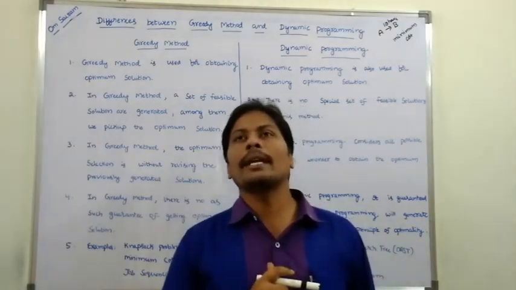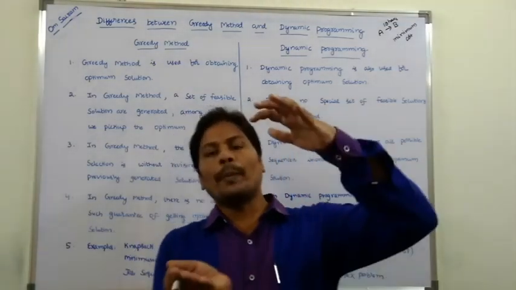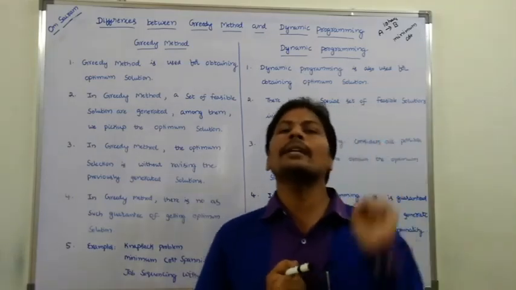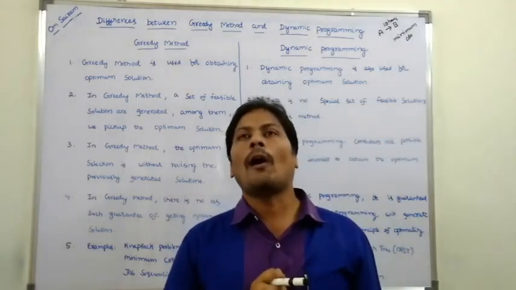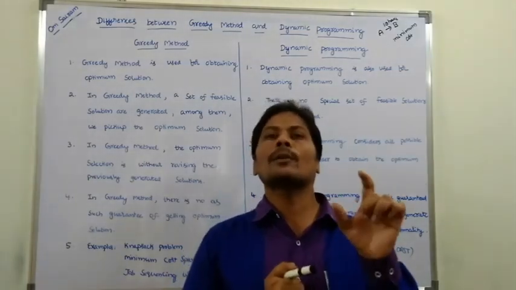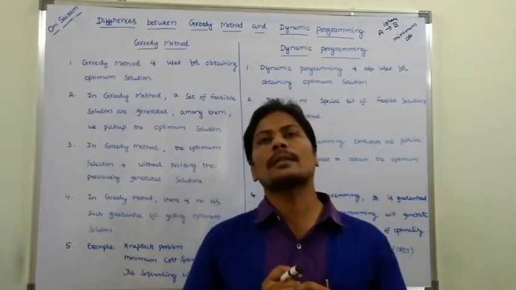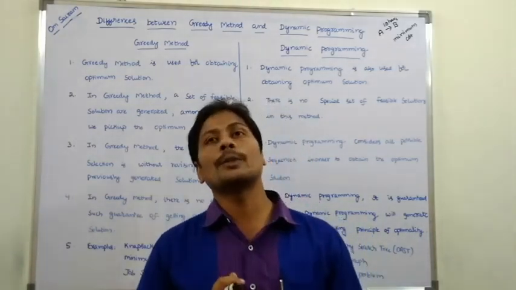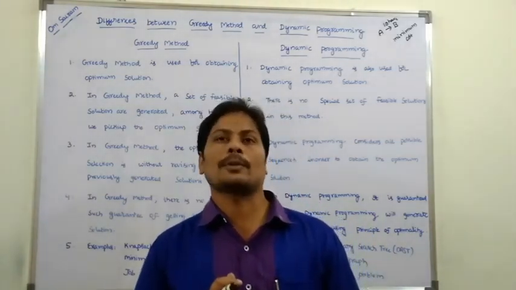Principle of optimality is nothing but, suppose a parent-child relationship is there. If a parent follows the optimal solutions, then the children also use the optimal solutions.